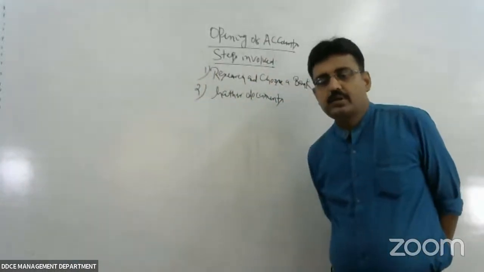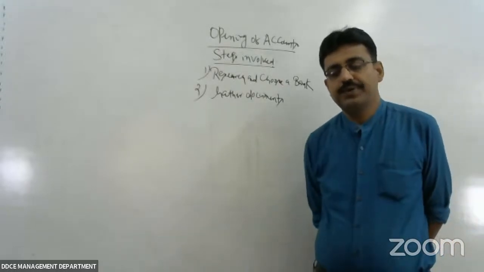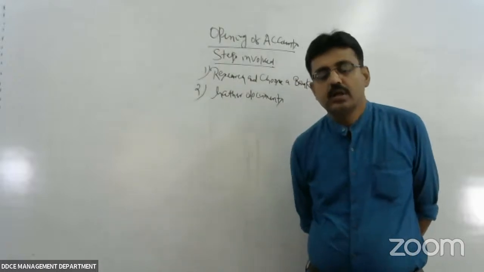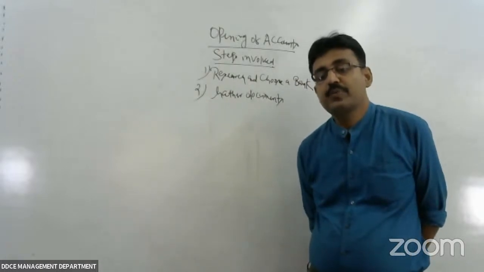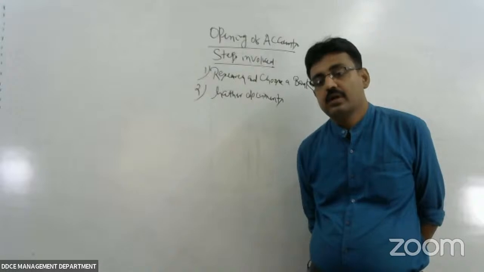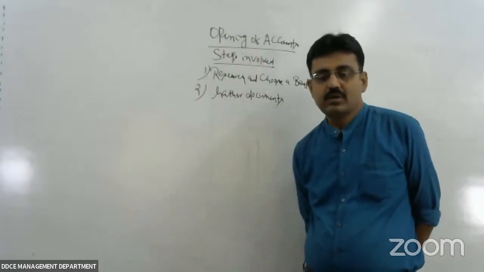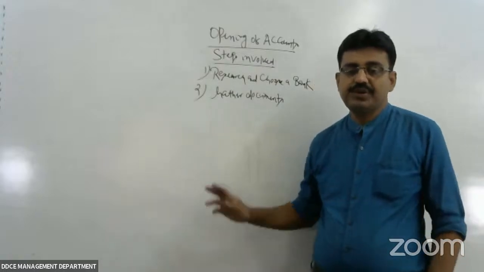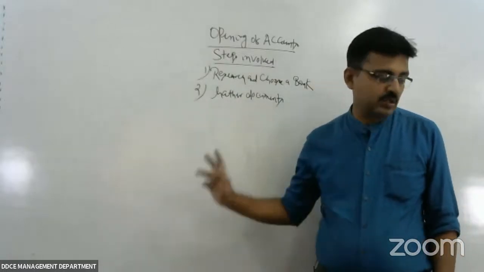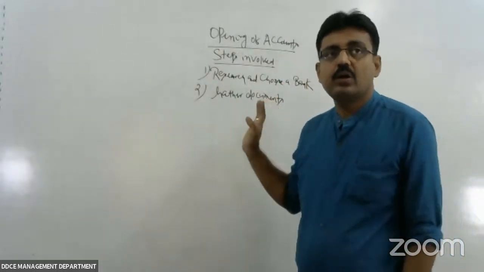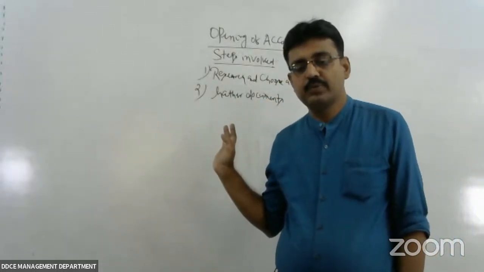As you know, for any sort of account opening with any sort of financial institution, you require some documents. So you know what type of documents are supposed to be asked for, and accordingly, you need to gather the documents, which basically include your identification.